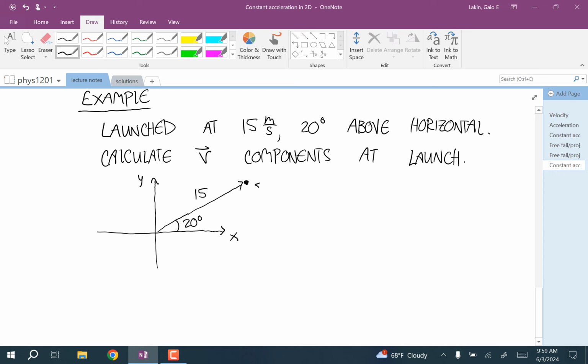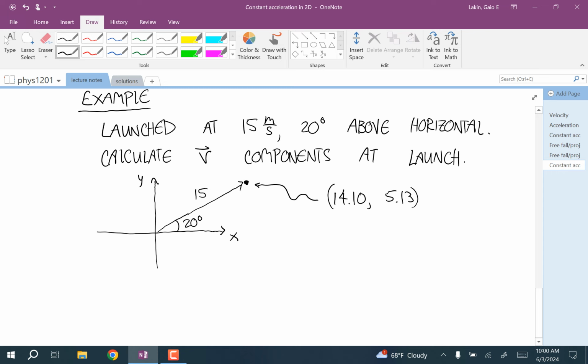The coordinates of that point, using the trigonometry that we've done, is 14.10 for x, 5.13 for y. You do that using 15 times cosine of 20 degrees for the x coordinate and 15 times sine of 20 degrees for the y coordinate.